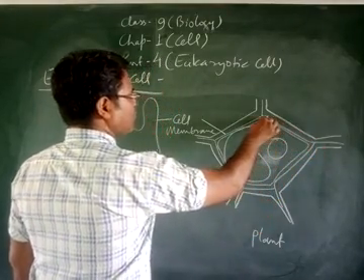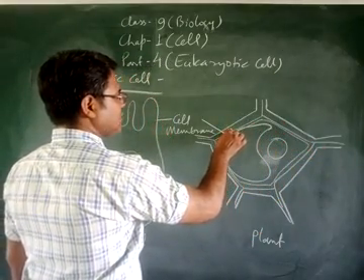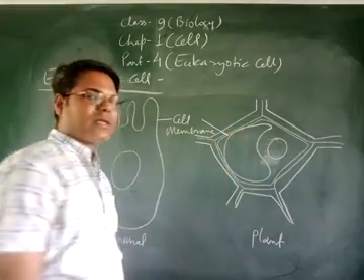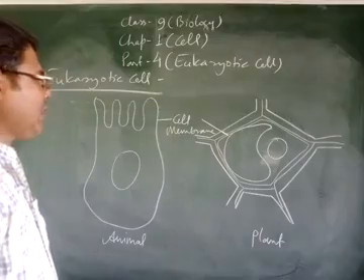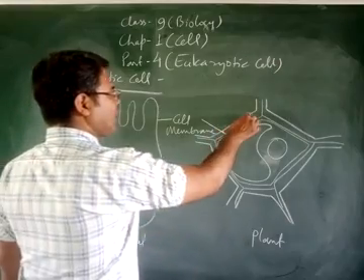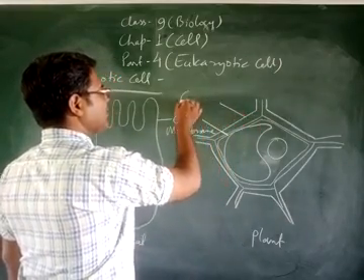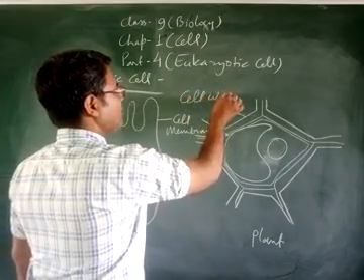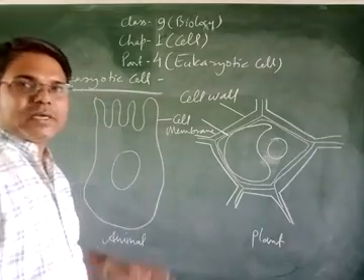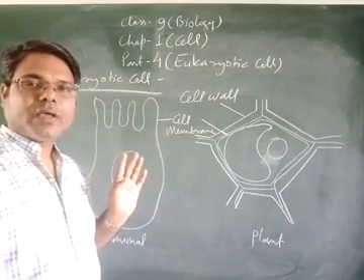This is the innermost boundary, which is the cell membrane in the plant cell, and the outermost boundary of the plant cell is called the cell wall, which is basically absent in the animal cell.